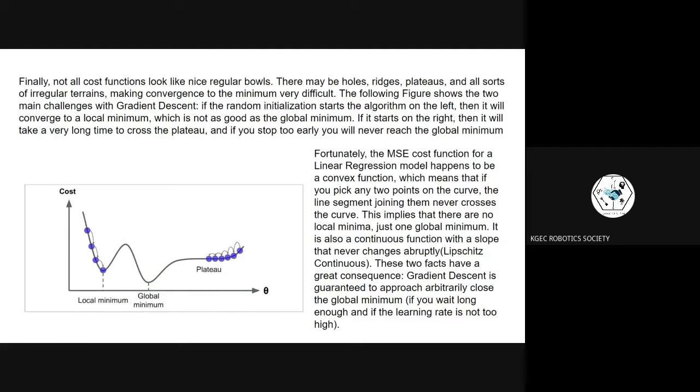Finally, not all cost functions look like nice regular bowls. There may be holes, ridges, plateaus, and all sorts of irregular terrains, making convergence to the minimum very difficult. The following figure shows the two main challenges with gradient descent.